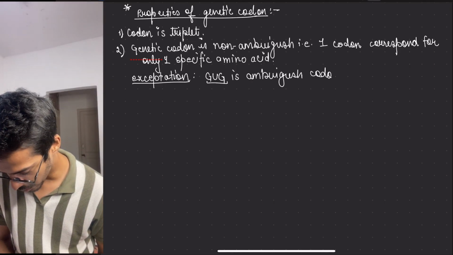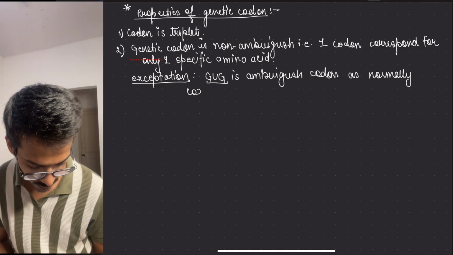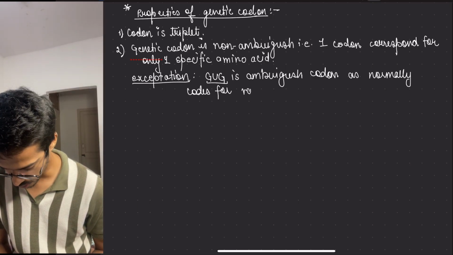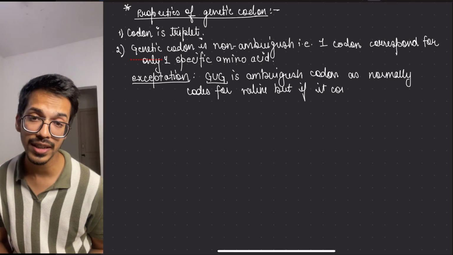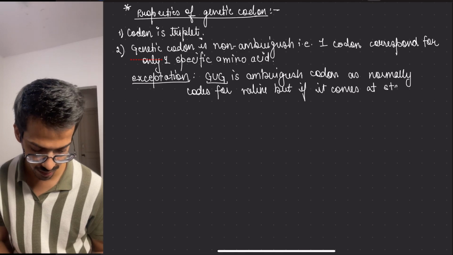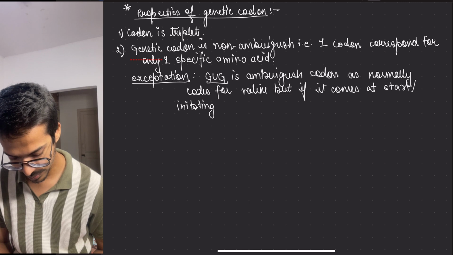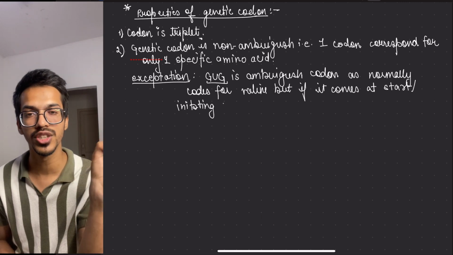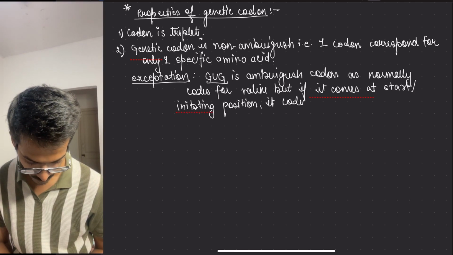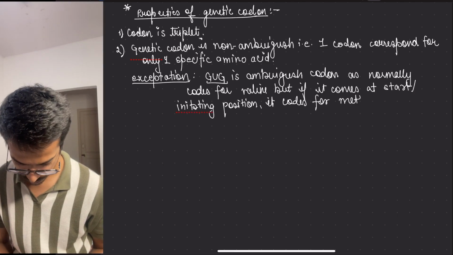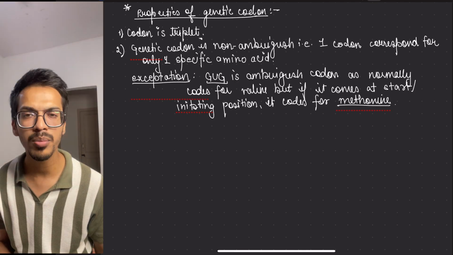It is an ambiguous codon as it normally codes for valine, but if it comes at the start or initiating position, instead of AUG, it codes for methionine. Methionine then becomes the start of the polypeptide chain.